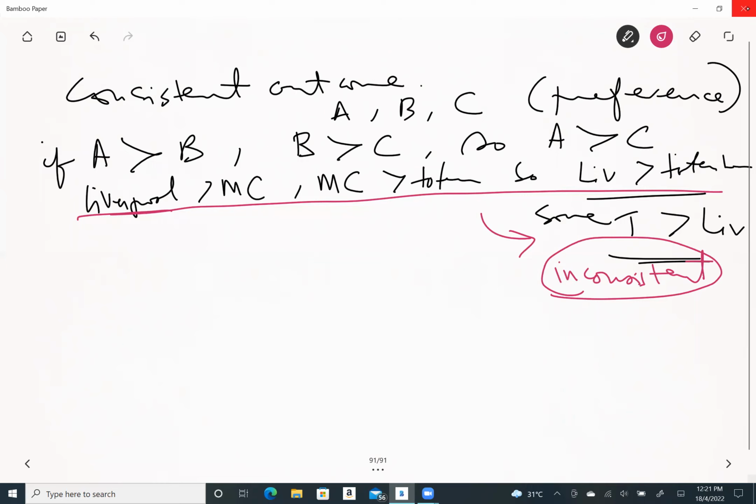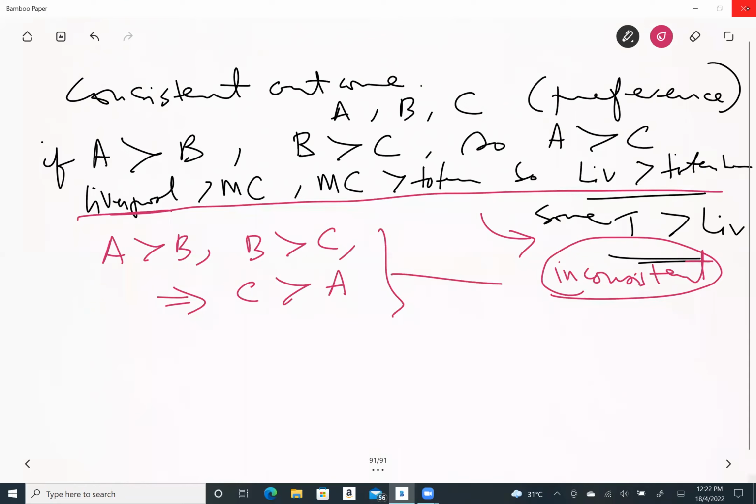That means if A is preferred to B, B is preferred to C, but sometimes you may have C preferred to A. So this is inconsistent. So that is a possibility. There is a possibility that in pairwise voting, you have this combination.